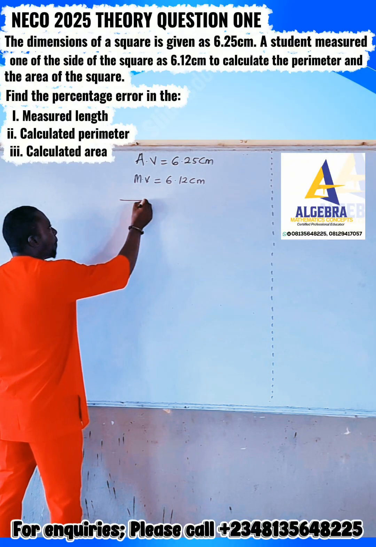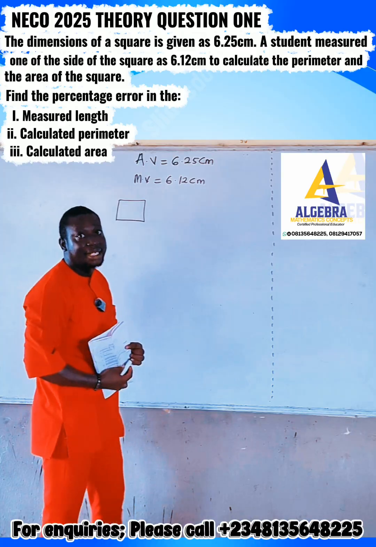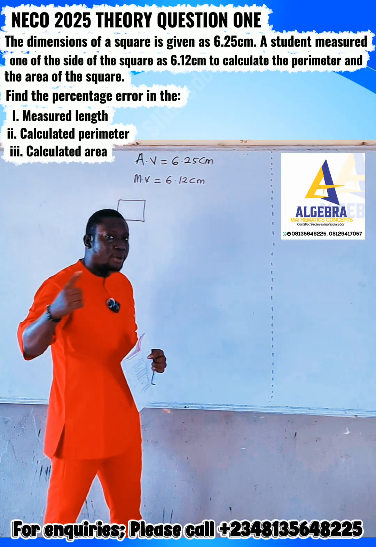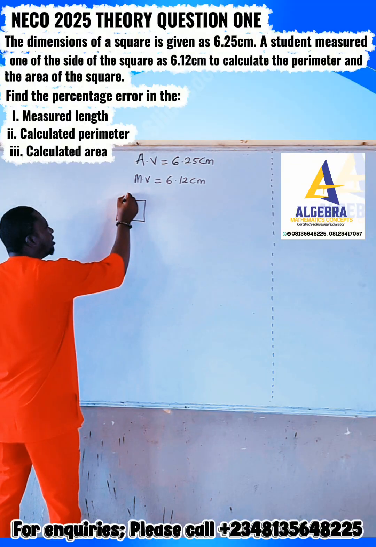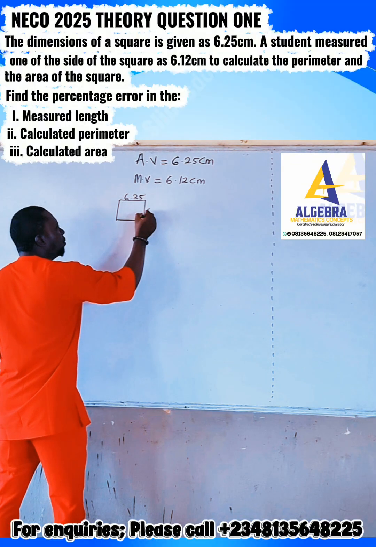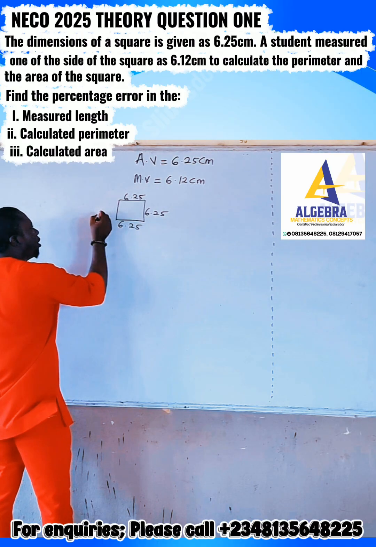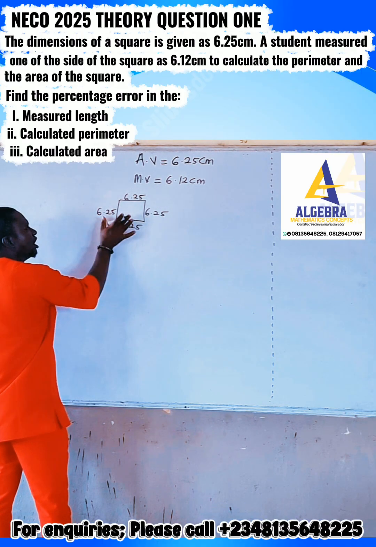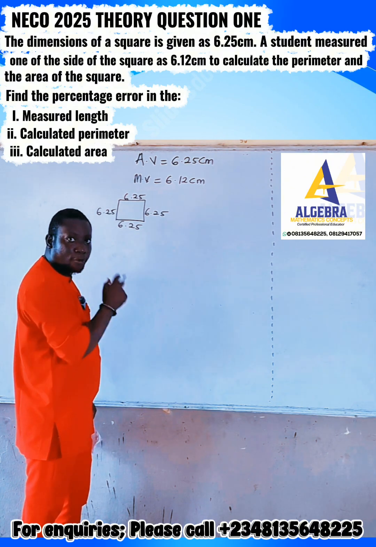First, look at it. This is a square. In a square, all sides are equal. That's one of the properties of a square. So if here is 6.25, here will be 6.25, here will also be 6.25, then here will still be 6.25. So this is the actual dimension for the square.